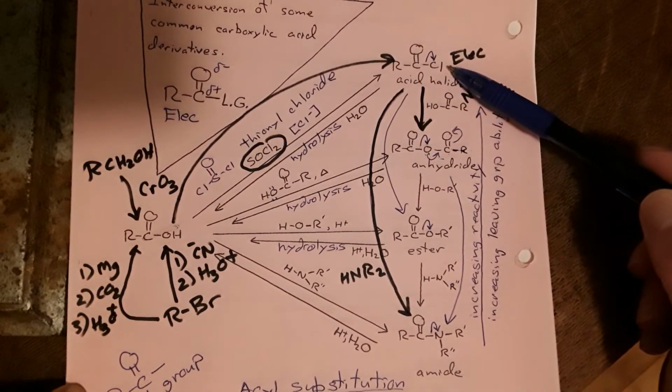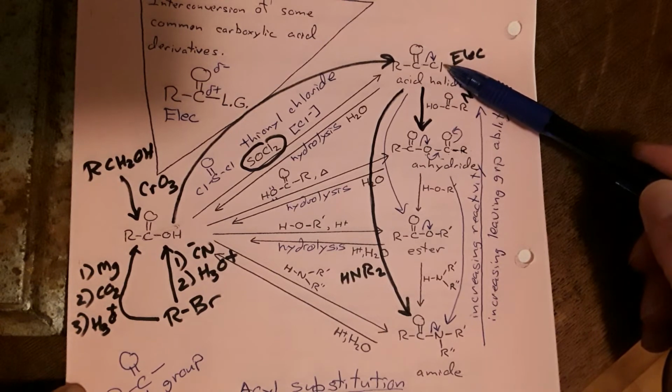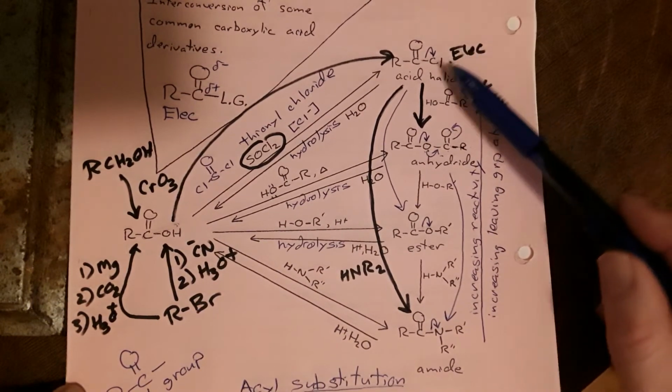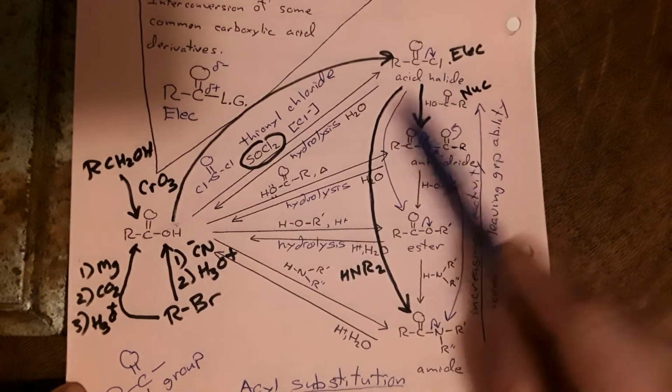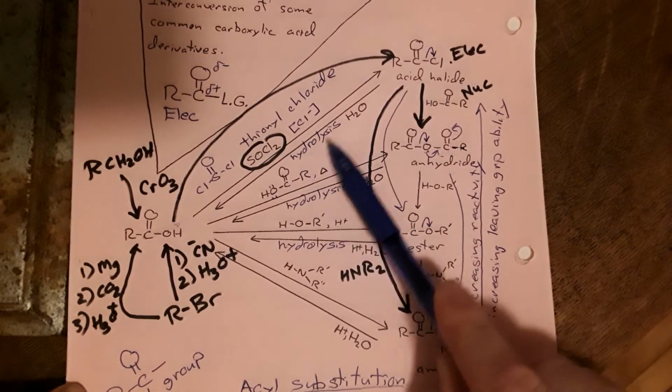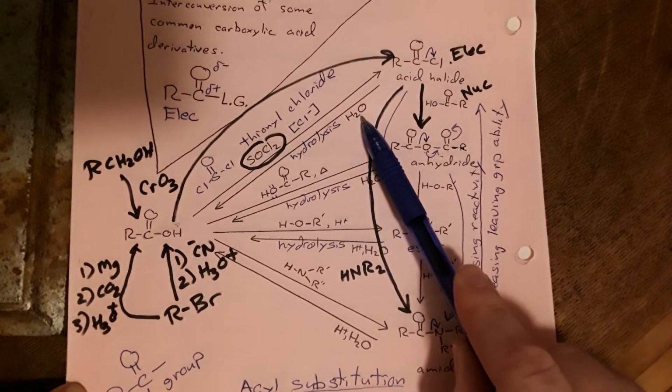Halides are much more reactive, so reactive that you don't see them in nature, because any moisture around will react and convert the carboxylic acid chloride back into carboxylic acid by a hydrolysis reaction, adding water.